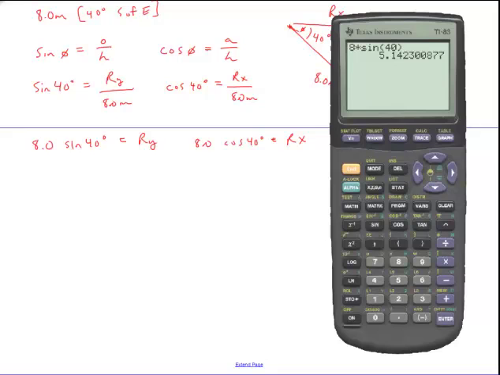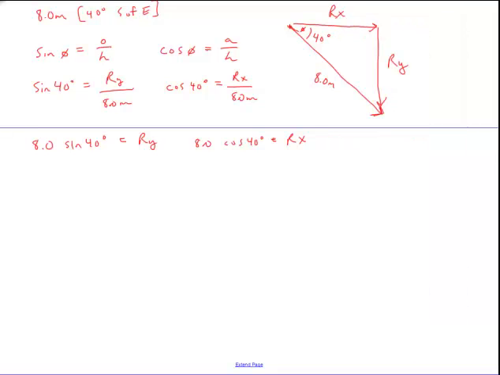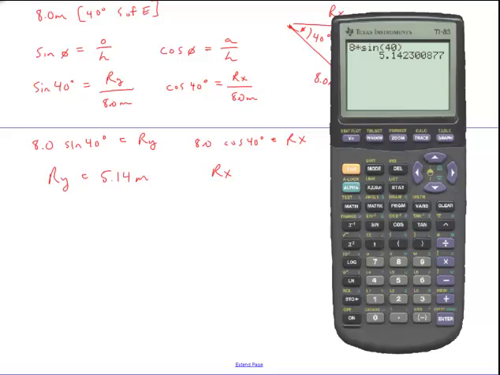I would carry them through until you're completely finished. So let's type in 5.14 meters for Ry. Ry equals 5.14 meters. Now Rx, let's plug that into the calculator. 8 times cos 40 degrees, 6.128. So let's put in 6.13 for now.